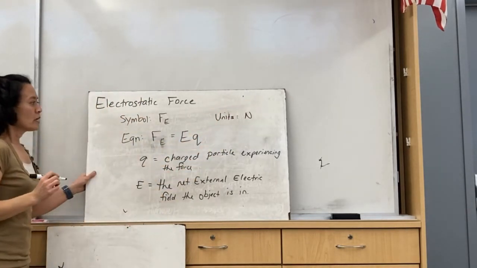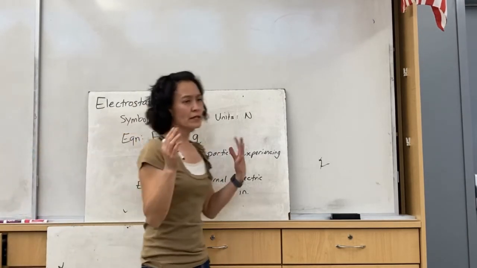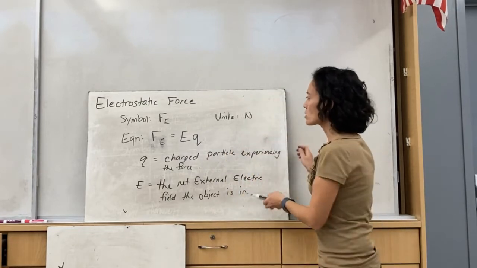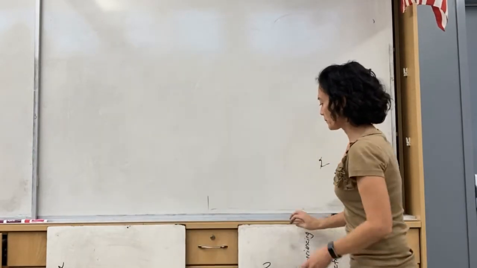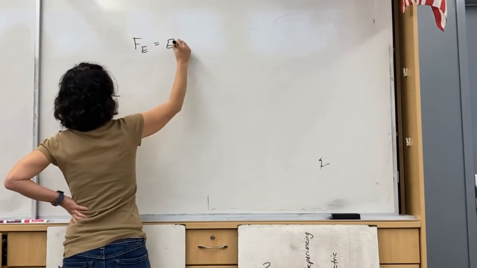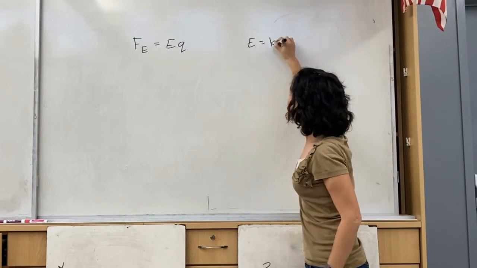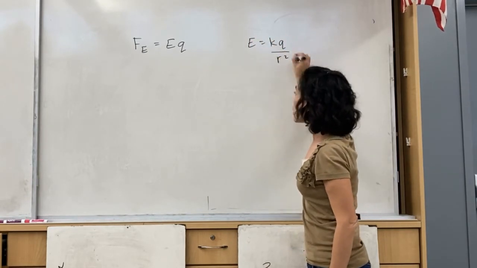Okay. Now, it helps to look at this equation through the lens of what electric field is. So if we start off here and say that Fe equals EQ, remember that E is just KQ over R squared.